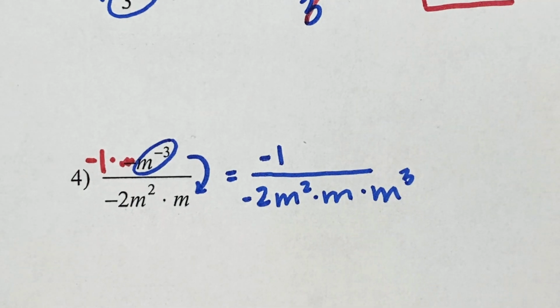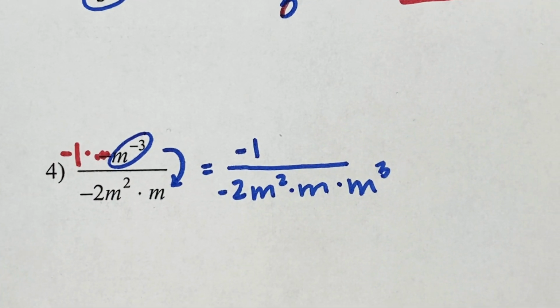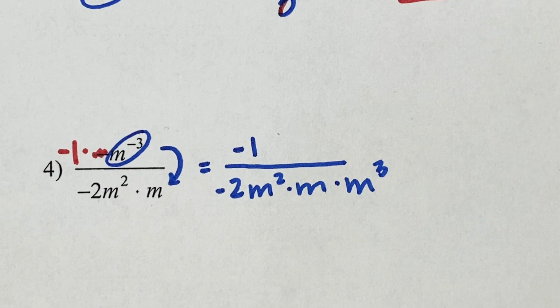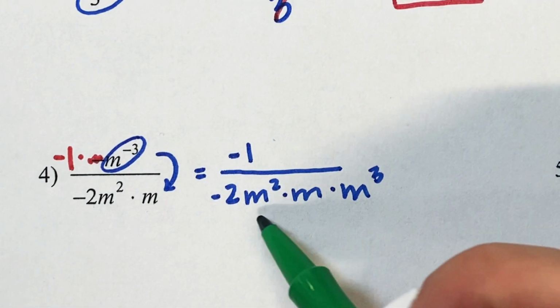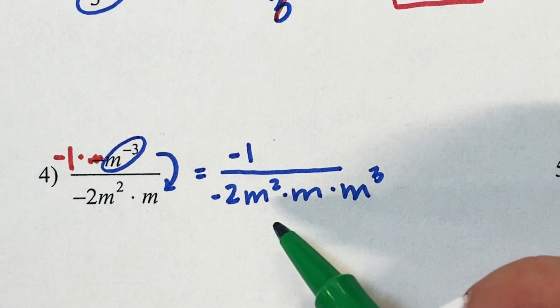So we're not quite done simplifying. This is not our simplified answer. We are going to have to use more exponent rules that we've already learned. One thing I see on bottom is a lot of m's being multiplied together.